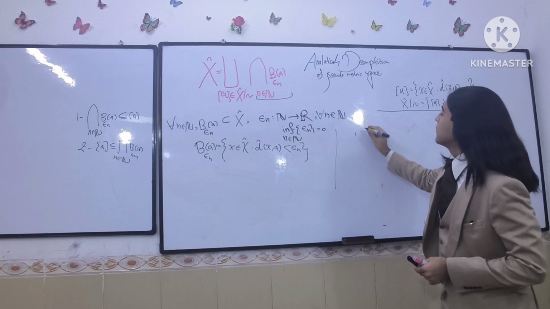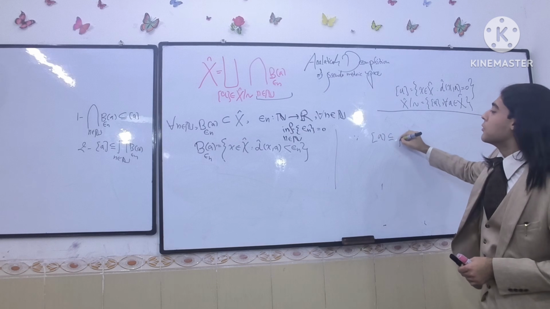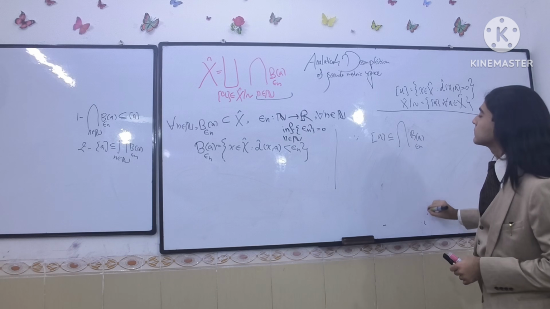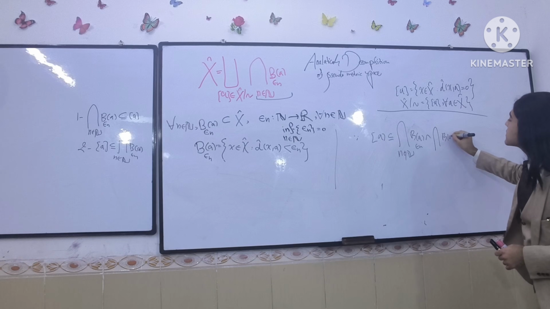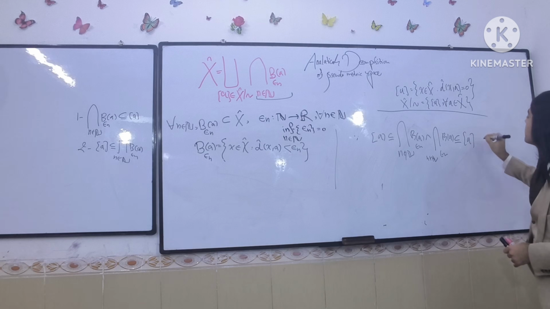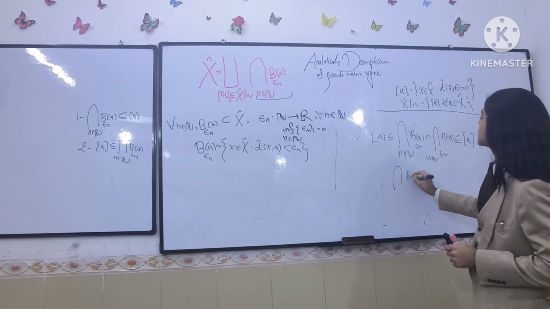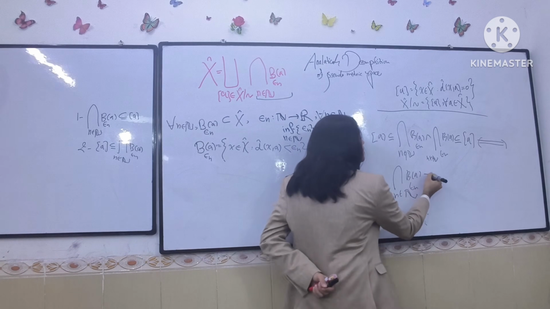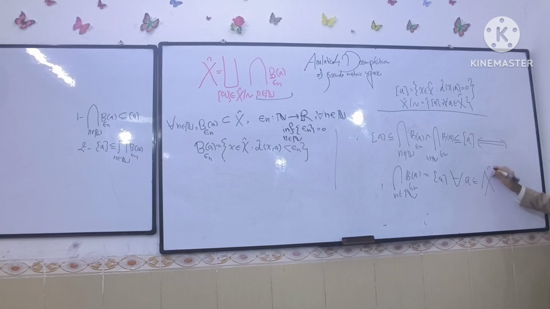Since A is a subset of the intersection, and at the same time the intersection is a subset of equivalence class A, that leads us to conclude that the intersection is equal to the equivalence class for all A in X.